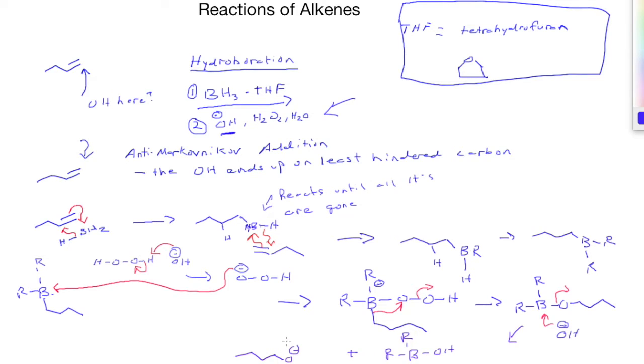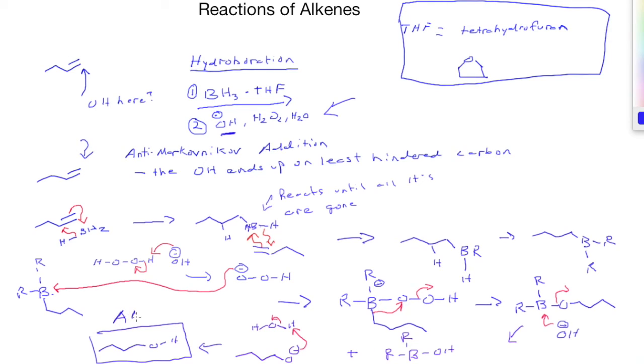And the next thing that can happen is, of course, we have water in solution. And this guy can regenerate our base right there, and we end up with our new alcohol, and this one is now anti-Markovnikov.